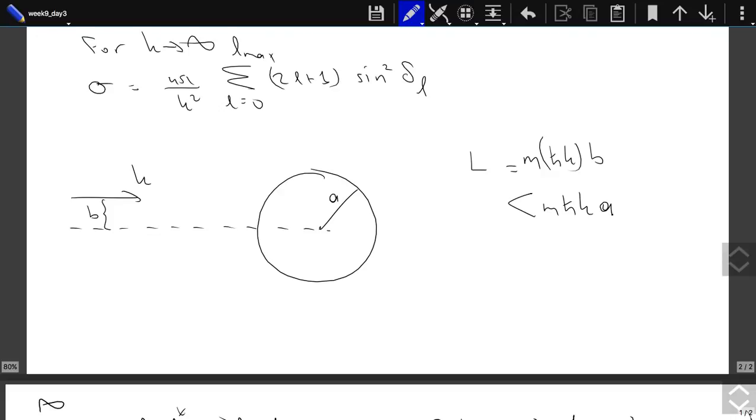So this is why we have a maximum value of L. And we can just say that h bar L max should be less than this one. We can cancel h bars. There's no m, h bar k is already the momentum. So L max is less than k times A.